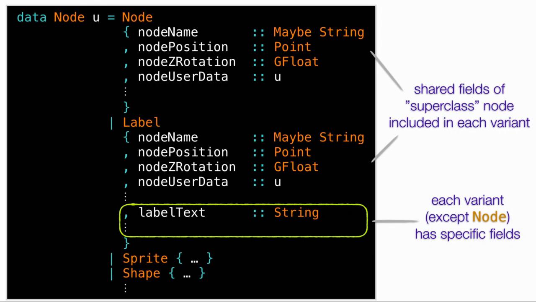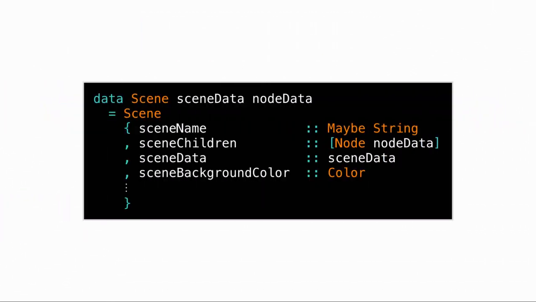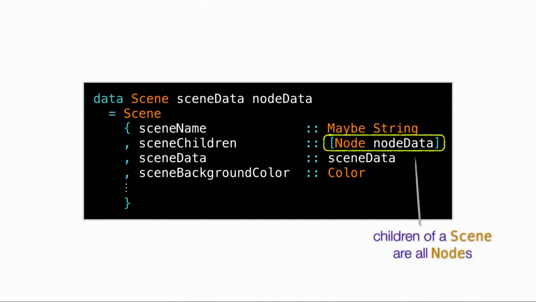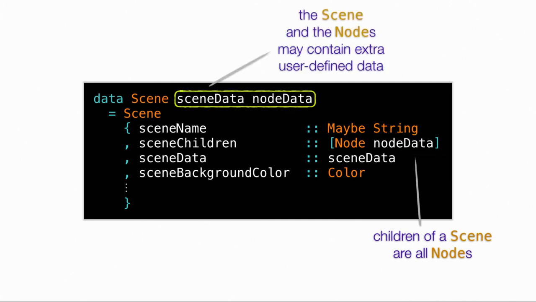Okay? So that's nice. And then with the scene, we just define a new data type, and it includes a field with a list of nodes as the children of the scene. And also, in order to solve this problem that we have to instantiate these scenes with application-specific information, we parameterize it over two types.